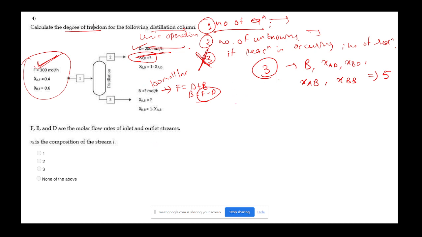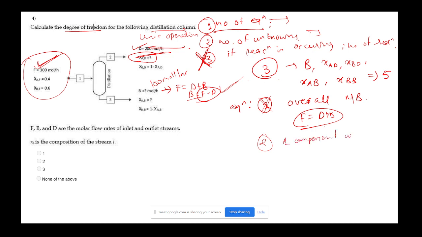So the equations would be: one, you write the overall mass balance equation, which is nothing but F equals D plus B. From this you will be able to calculate B. If you do not consider this as an unknown, then you do not need to consider this equation, but for now we are considering it. The second equation: since it is a binary system, there will be a component-wise balance.